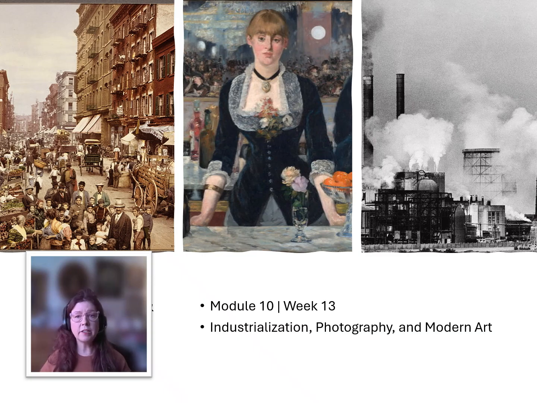And that is where we are going this week. We are going to look at how people tried to make sense of a world that suddenly felt faster, bigger, and a little more uncertain, and how artists, photographers, and thinkers weren't just documenting that change, they responded to it.